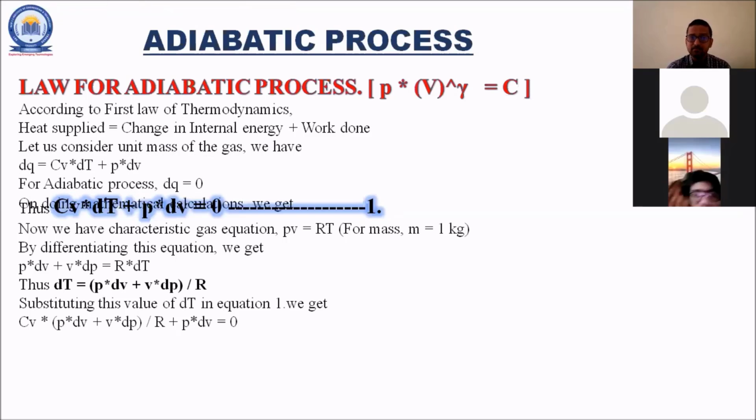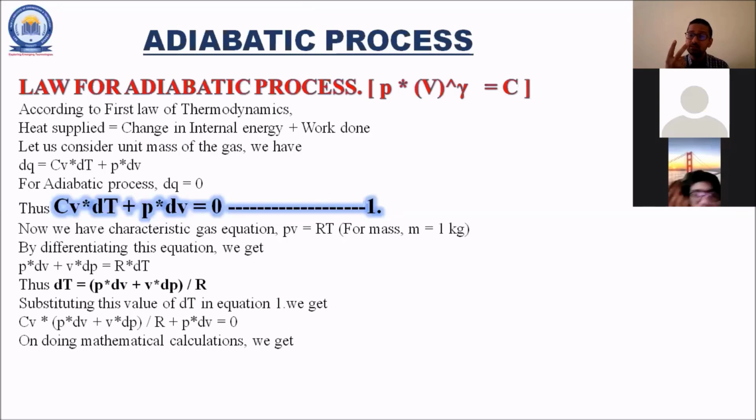Now friends, multiplying R on both the sides and substituting the value of R, that is Cp minus Cv, removing all the brackets, doing the multiplication, you will be getting 4 terms. Out of these 4 terms, 2 terms will be the same, but one term will be having a positive sign and the other same term will be having a negative sign.